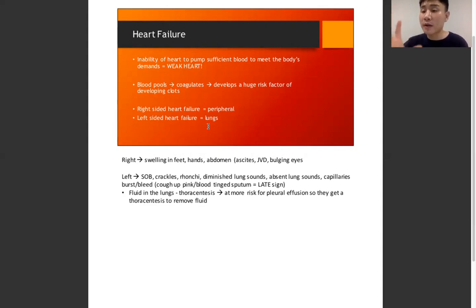Because the blood is pooling in the left ventricle, it's causing backflow of fluid back into the lungs. Because how does the left ventricle get the blood? The left ventricle gets the blood from the lungs, travels to the left atrium and to the left ventricle, and then the left ventricle pumps out to the rest of the body, correct? So that's why the blood backs up into the lungs and leads to all of these signs and symptoms of fluid overload in the lungs.